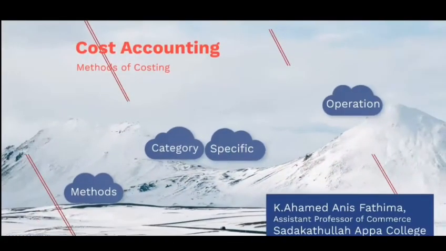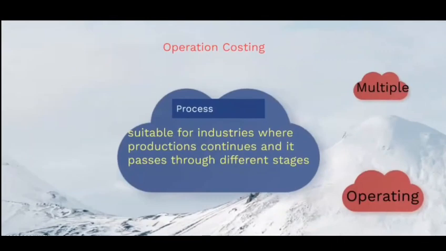Next we will go to operation costing. So operation costing methods are applicable to mass production industries. The first one in operation costing is process costing. This process costing method is suitable for industries where production is continuous and is processed through different stages.